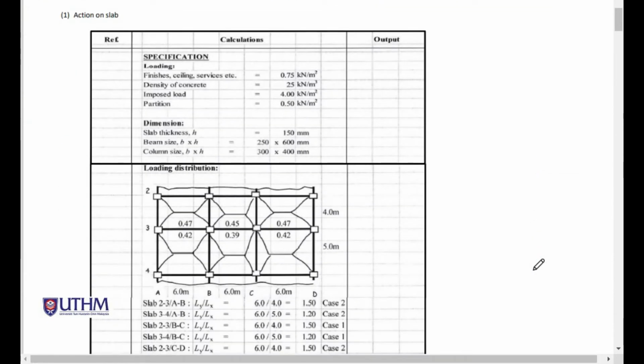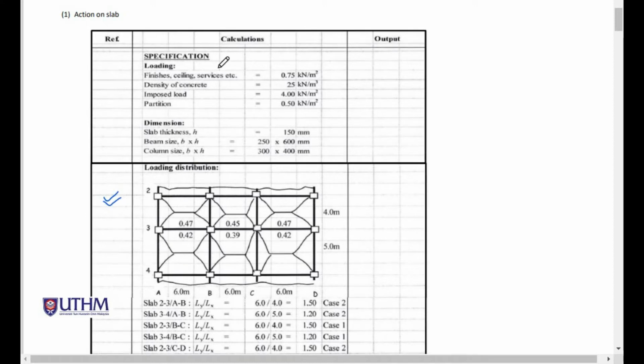And next, calculate. The first one is to calculate the action on slab. Okay, listed here is the specification as given in the question. So this is the finishes and ceiling, and the density of concrete.